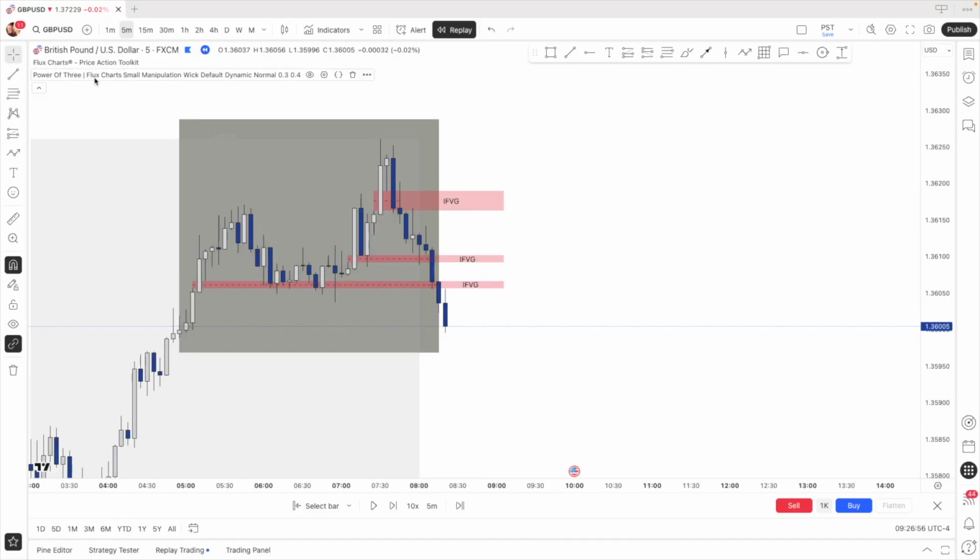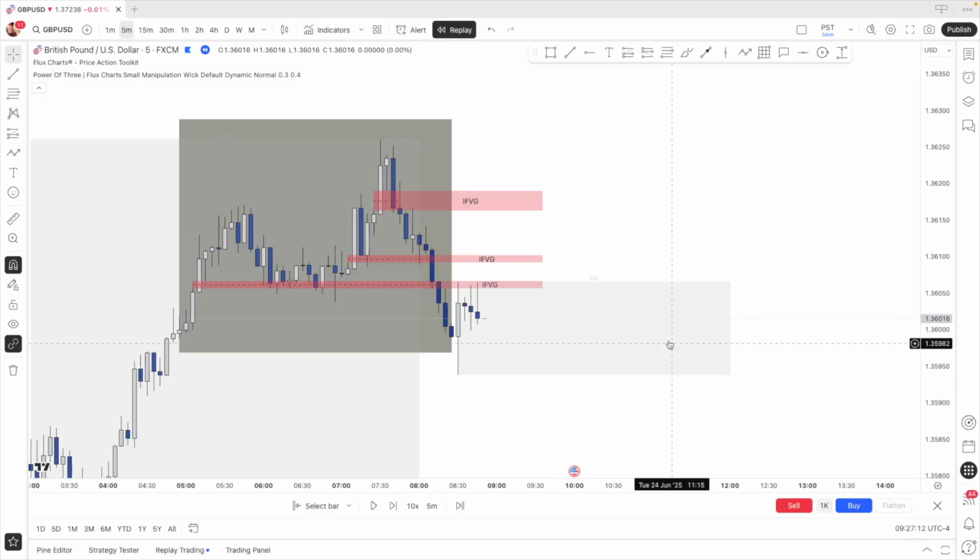But where the Price Action Toolkit comes in, we are going to enter on a close of an inverse fair value gap. So let's play price forward and let's see what happens. So we haven't gotten any signal yet. New York has started the AM session right over here.